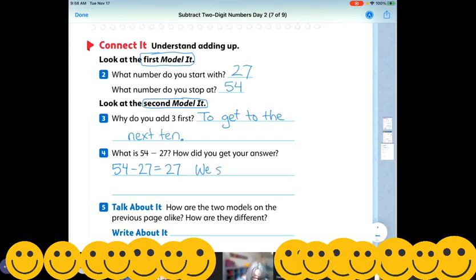We started at 27 and added up. And you know what we added up using? We added up using 10s and 1s.